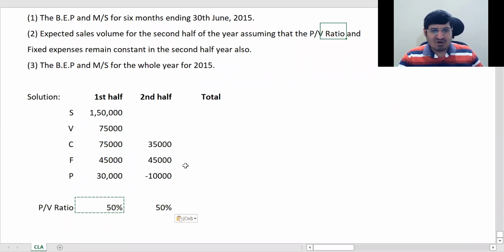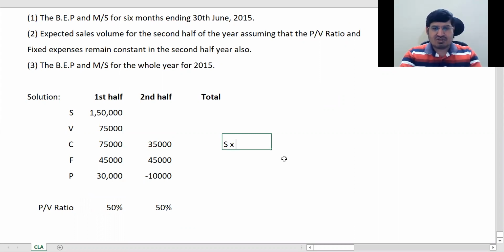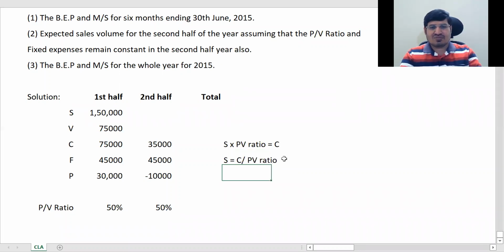Now in this case we'll use this relation: sales into PV ratio is equal to contribution, correct? So sales is equal to C upon PV ratio.